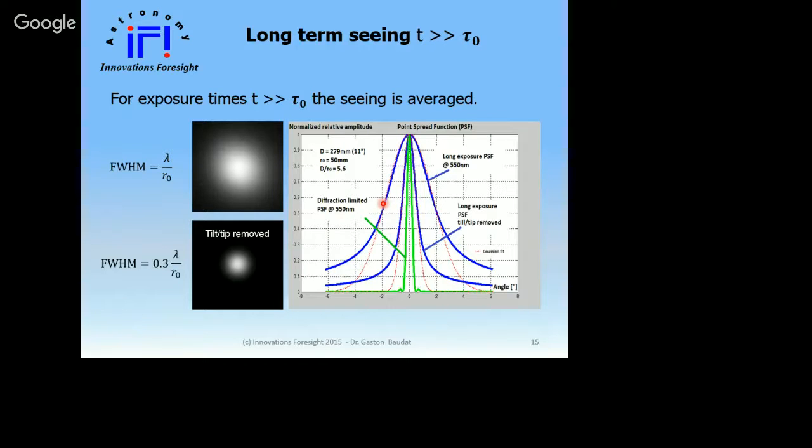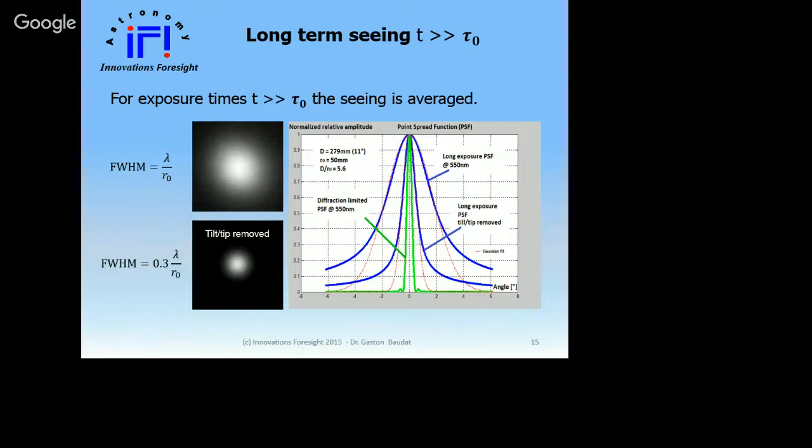In blue here, this is the PSF, the point spread function, the profile of the star at 550 nanometers due to that seeing. The second blue curve is what you will get if you remove the tilt and tip component. It's better, but still you are not seeing limited.